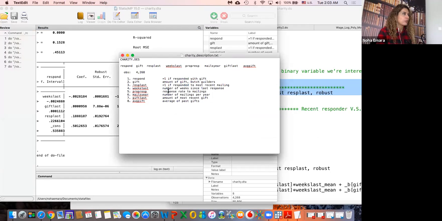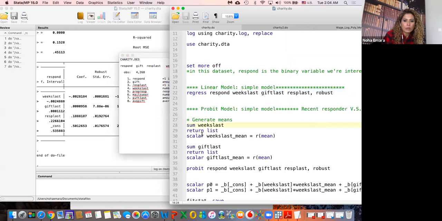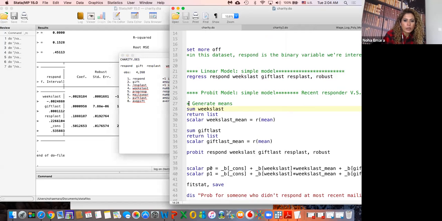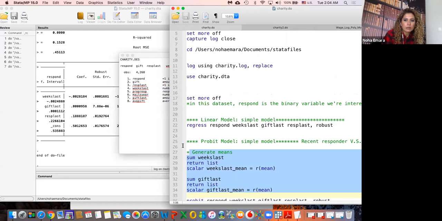And of course, if the person responded last year versus another person who responded last week, the further I go in the past that the person did not respond, the more likely that the person will not respond. That's why the higher this number, the more likely that the person would not respond. And okay, so what we have here is the computation of the means.